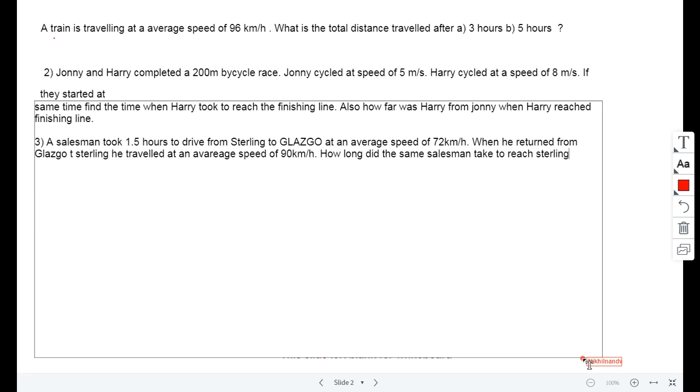Route, spelled ROUTE. Where do I have to write the route? Where it says 90 kilometers per hour, it says along the same route. Same route. Okay. That's it.